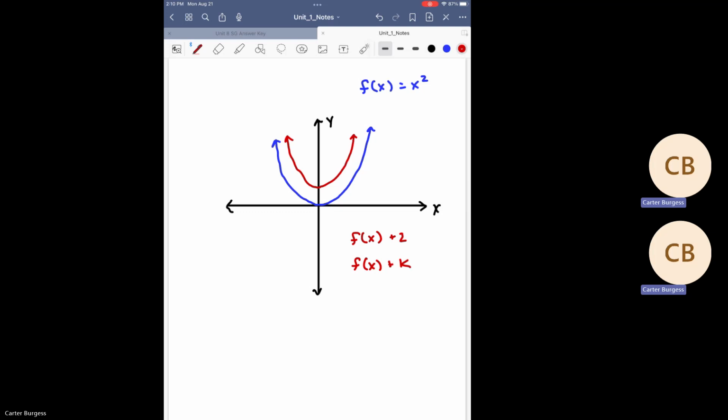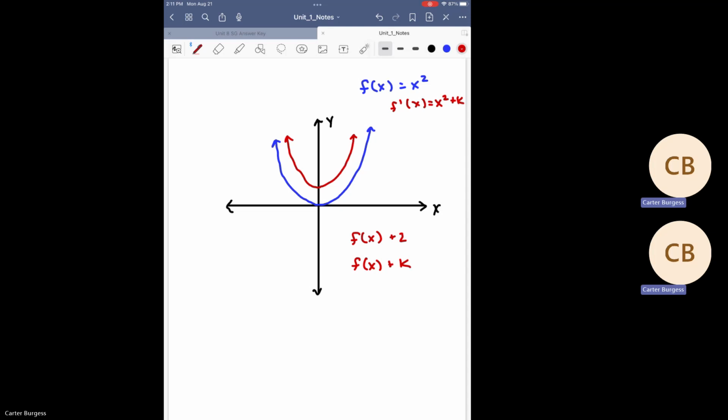Of course, if we are shifting down, k is going to be some kind of negative value. And so we would end up with a function, we'll call it f prime of x, which is x squared plus k. We are just taking that output, whatever we would have gotten, and tacking on some extra amount that we're going to be pushed up.